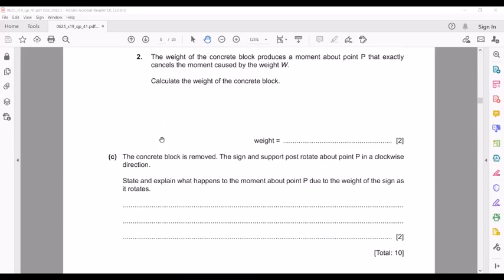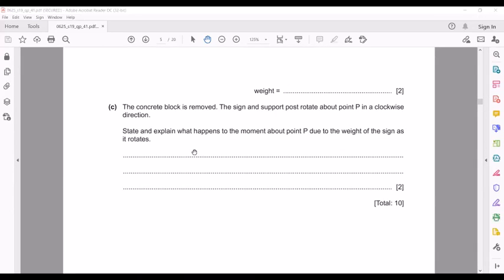Already they mentioned we remove the block, so it is toppling. So the answer here: moment about P due to weight increases, and the reason is that there is an increasing distance between the weight and the pivot, the point of rotation, which is P.